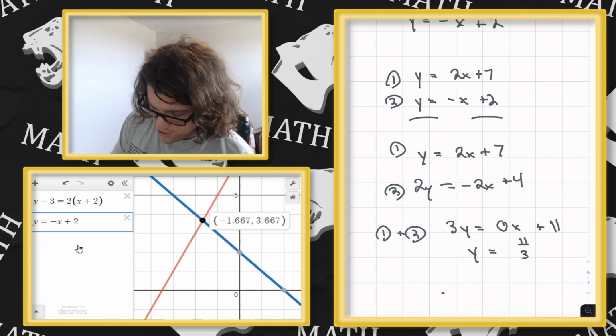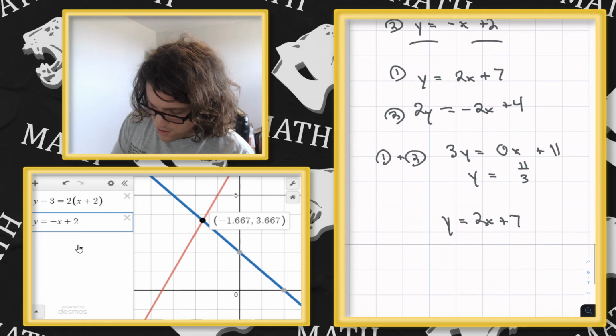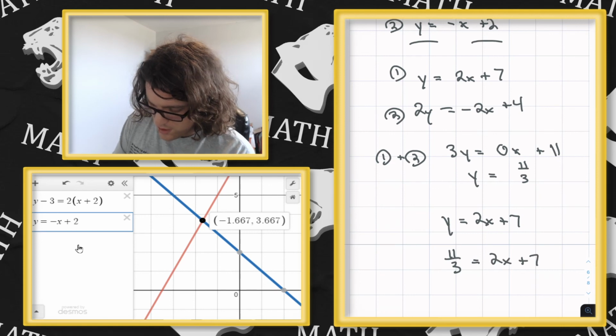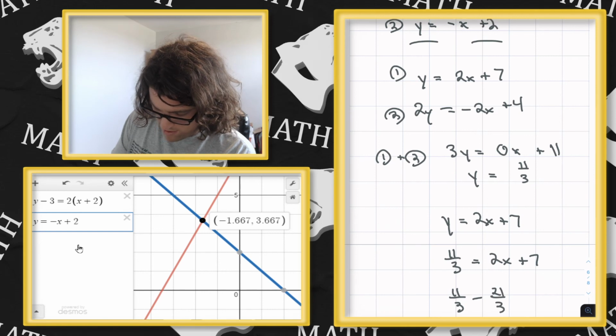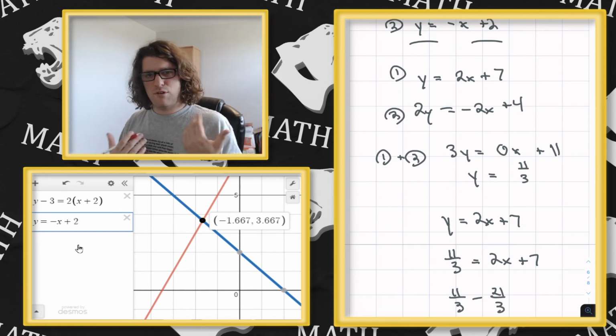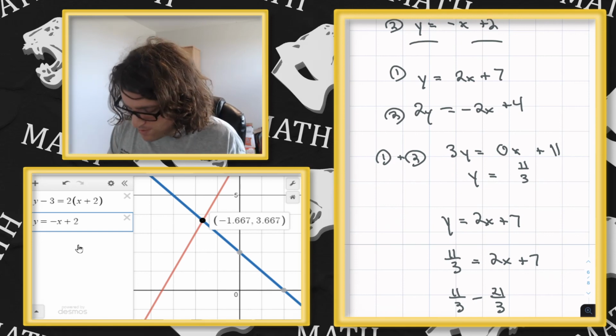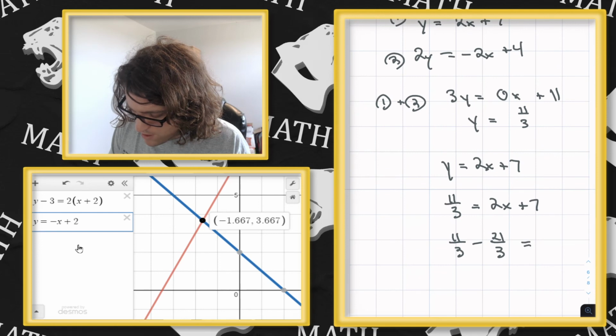And then if I wanted to check and see what the x value was, I could put it into either one of my original equations. So 11 thirds is equal to 2x plus 7. 7 is the same thing as 7 over 1, the equivalent fraction, multiplied by 3 in the numerator and 3 in the denominator, would be 21 over 3.